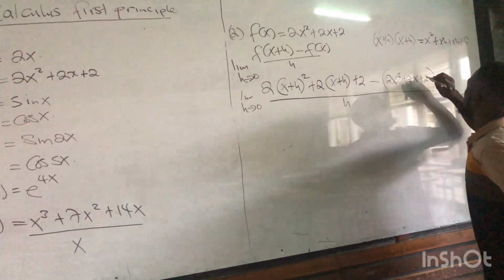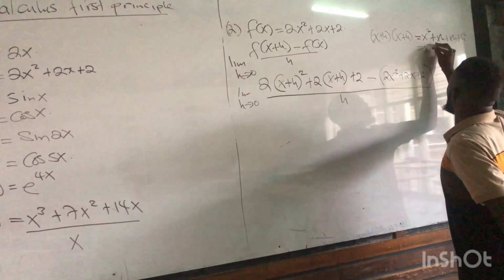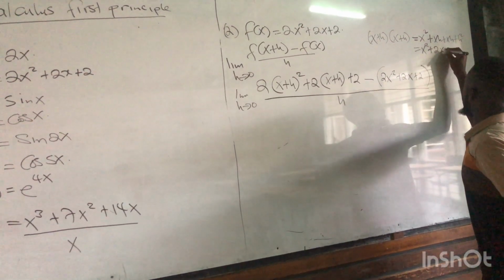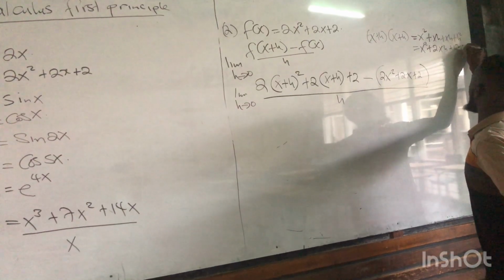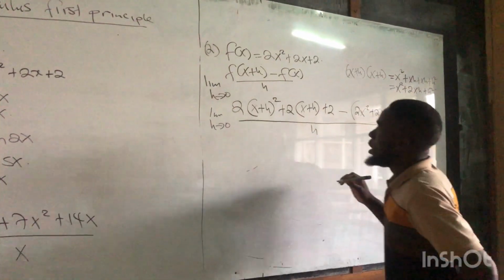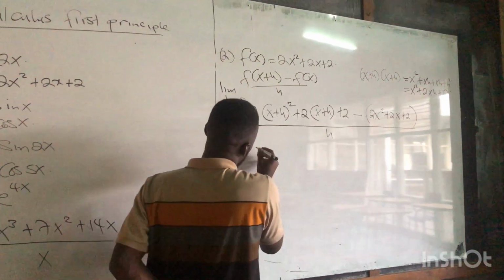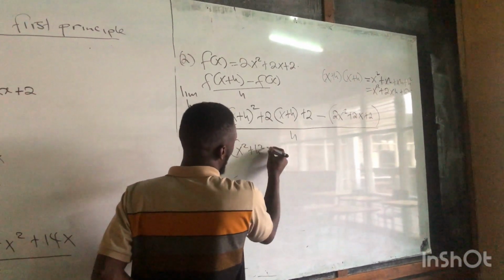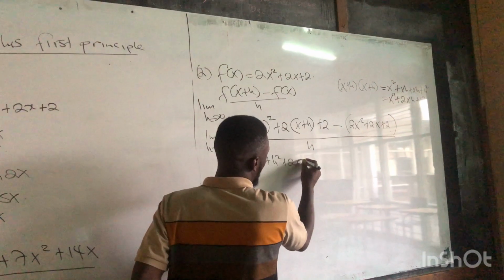These are like terms, you can add them, so it will be x squared plus 2xh plus h squared. So you can replace the answer to be 2 multiplied by x squared plus 2xh plus h squared.